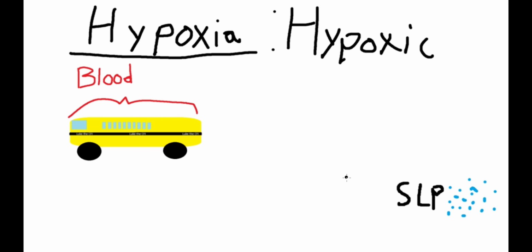As we go up in altitude, our pressure drops, meaning our oxygen molecules are farther apart. Okay, and this is the main form of hypoxic hypoxia.